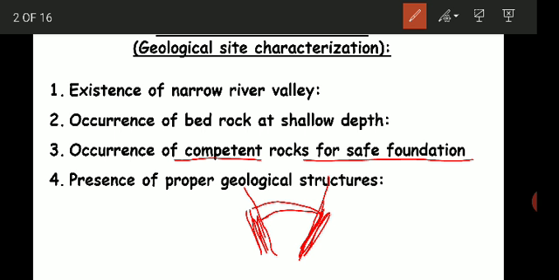The rocks present at the abutment side should also be strong. Then the valley slopes should be stable, especially whenever the reservoir is full, because there will be a maximum load acting on the dam. Okay, so we have to take care of the different geological structures when we select a site for a dam.